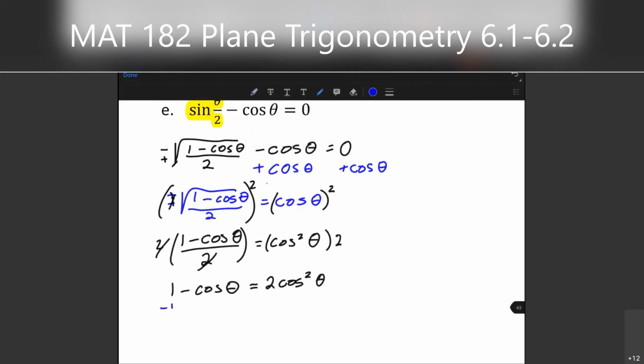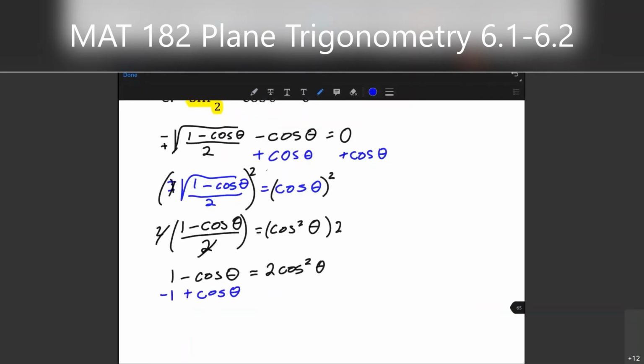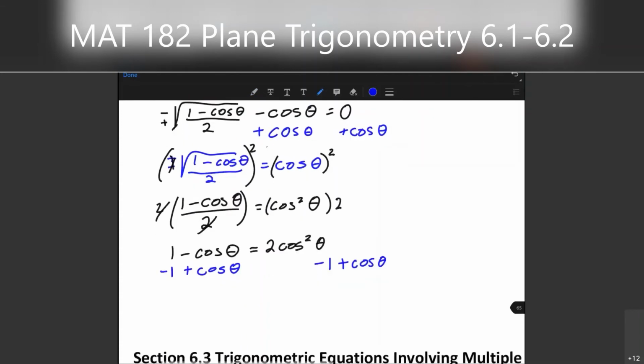If I subtract 1 minus cosine from both sides, I will have a quadratic set equal to 0. So I could say 2 cosine squared theta plus cosine theta minus 1 is set equal to 0.